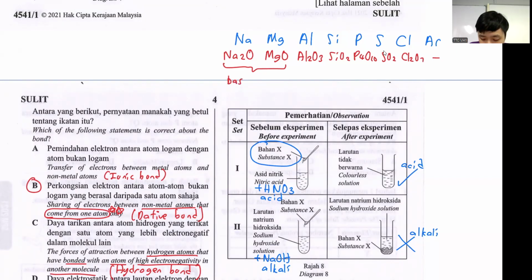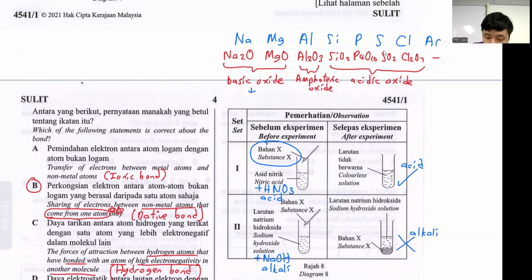So these two, we call them basic oxides. These four are acidic oxides. The aluminum one is called amphoteric oxide. Be careful.